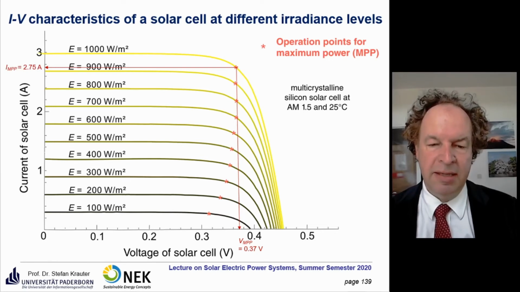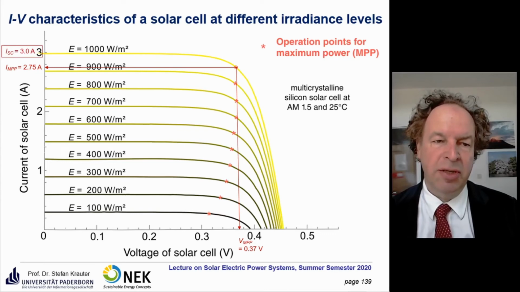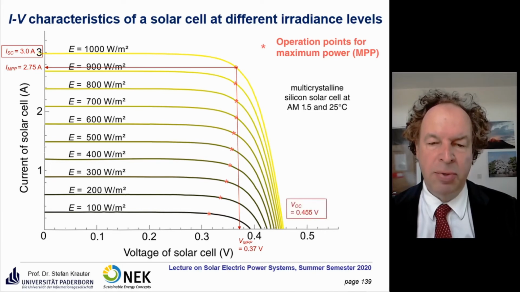We take a look at the open circuit voltage and short circuit current. The short circuit current is 3.0 amperes, and the open circuit voltage is 0.455 volts.